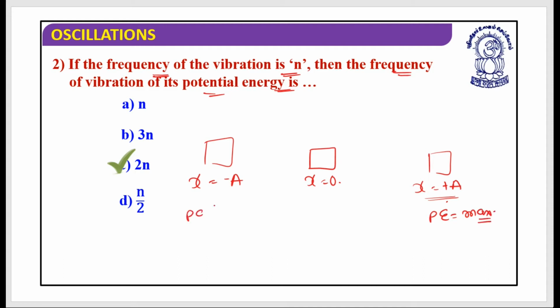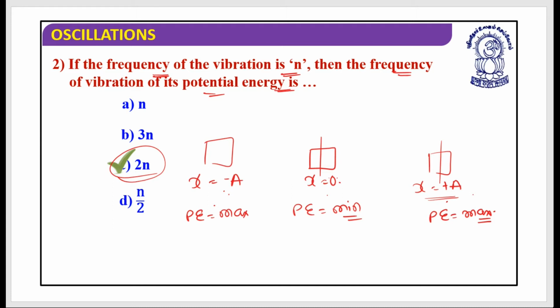At the mean position, the potential energy is minimum. So if frequency is n, this is going to repeat itself from min to max, max to min, min to max, and max to min again. So this is twice the frequency that we have. I hope this is clear.